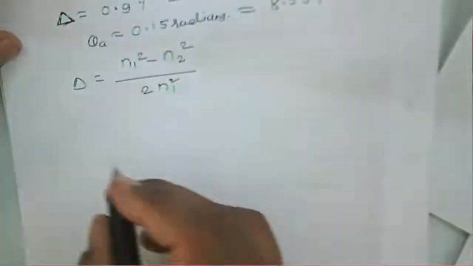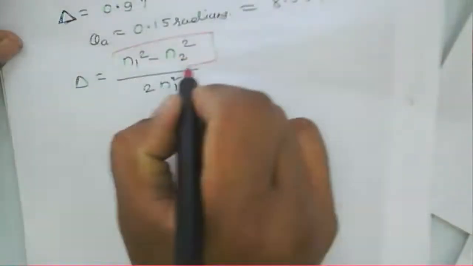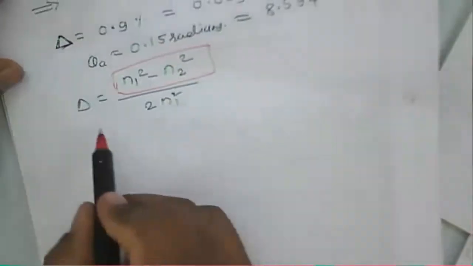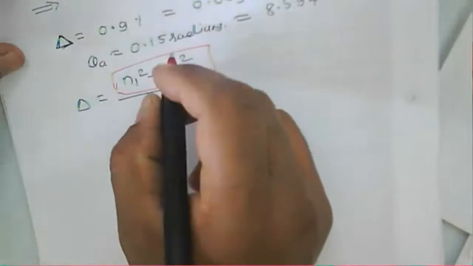So from that we can calculate this term. From this delta we can calculate it, so now how? We'll proceed.